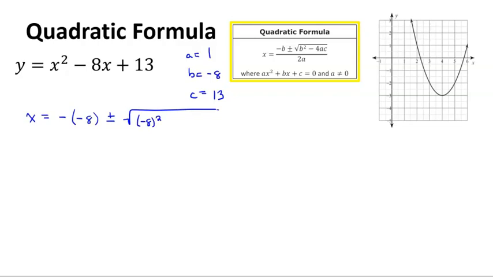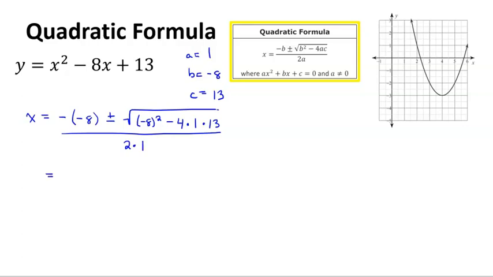This is why the parentheses are so important, especially when you're using your graphing calculator. Minus 4 times our a value, 1, times our c value, 13, all over 2 times our a value, which is 1.